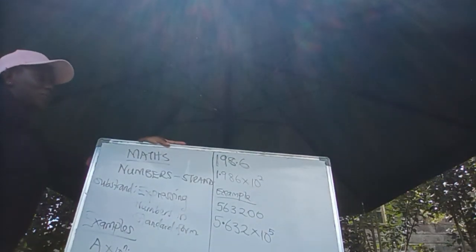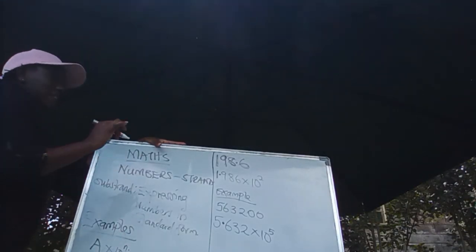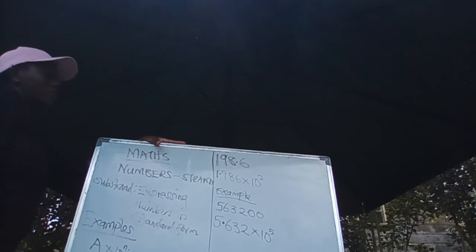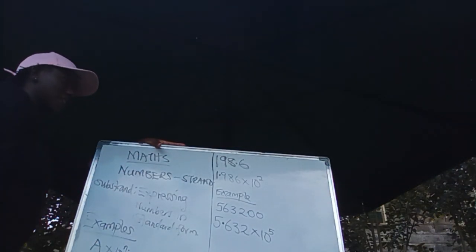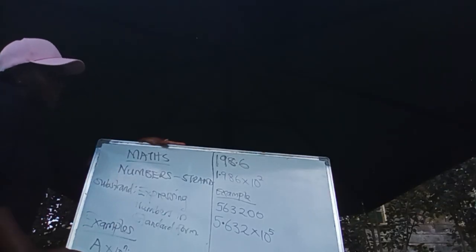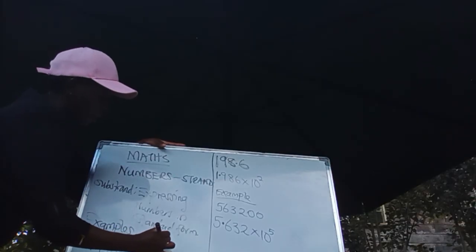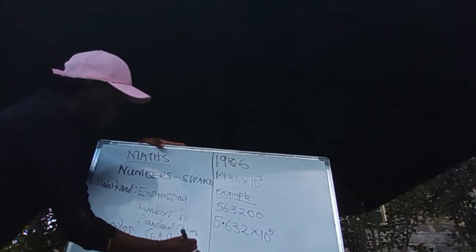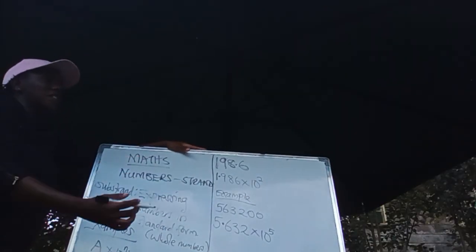Yes. So the most important thing you need in this one is the instructions, the instructions that you should follow while writing numbers in standard form. This is now writing whole numbers. I'm going to show you again how to write numbers in standard form when it is in decimal form.